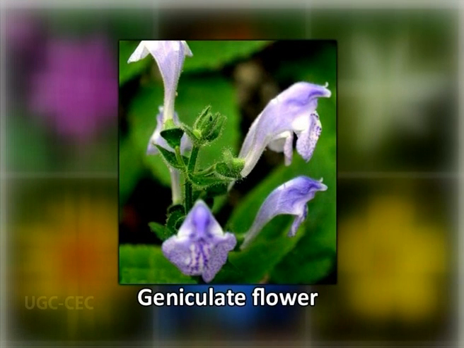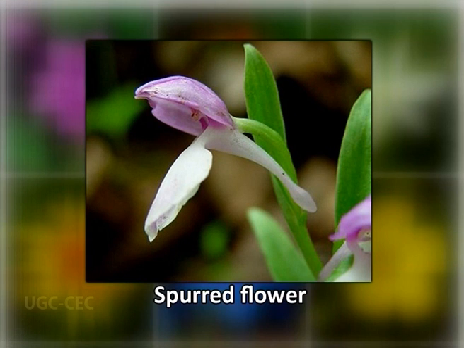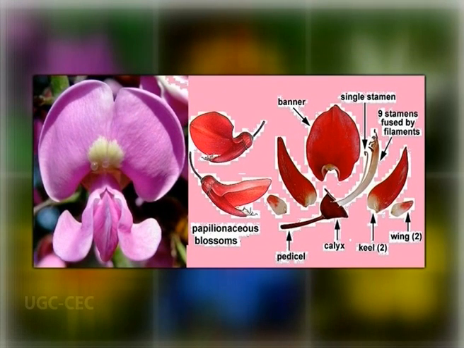They may be geniculate with a knee like bend, or spurred with an extension or spur, common in Delphinium, Aquilegia and Linaria, etc. Zygomorphic corolla can also be of papilionaceous type, like a butterfly with a central standard petal and lateral wing petals, as in papilionaceous plants like Astragalus and Pisum, etc.